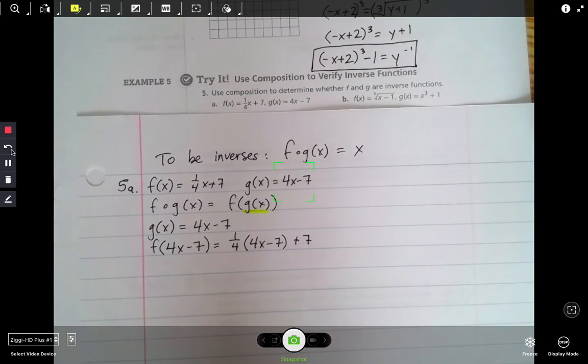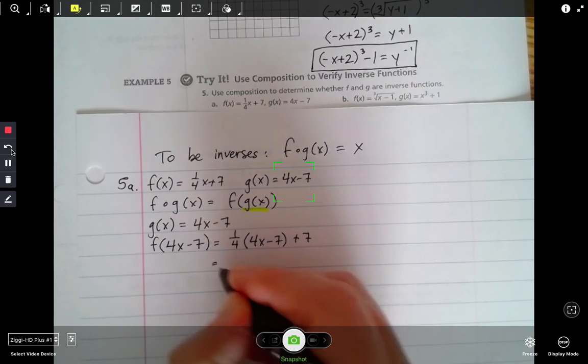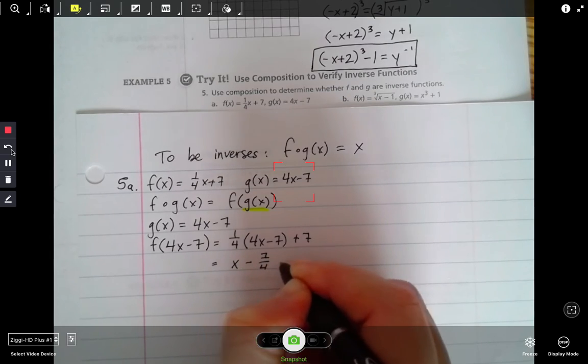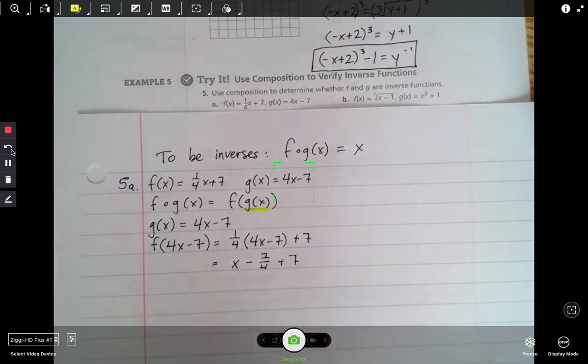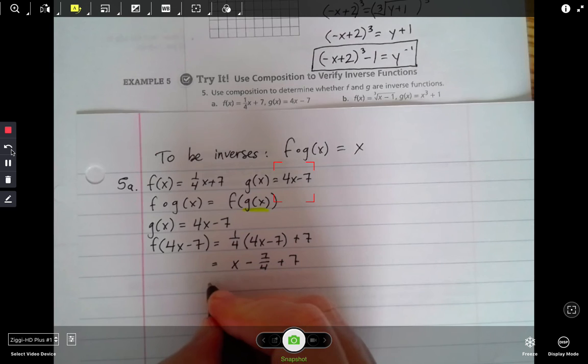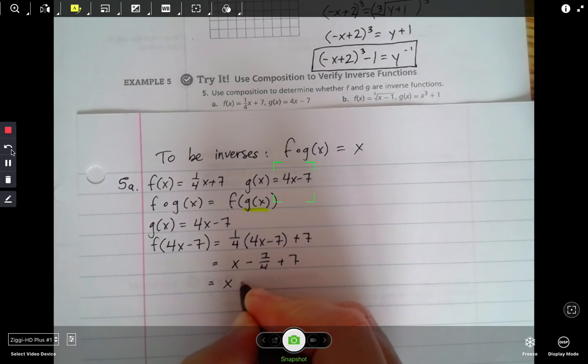Distribute the 1 over 4. So I'm going to get x minus 7 over 4 plus 7. Negative 7 over 4 plus 7 is 21 over 4. So I get an answer of x plus 21 over 4.